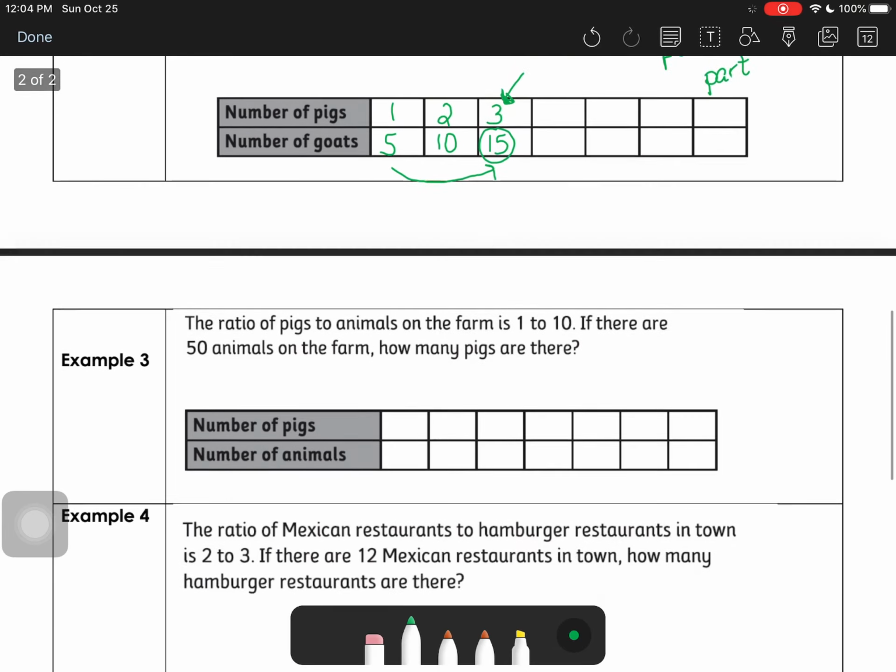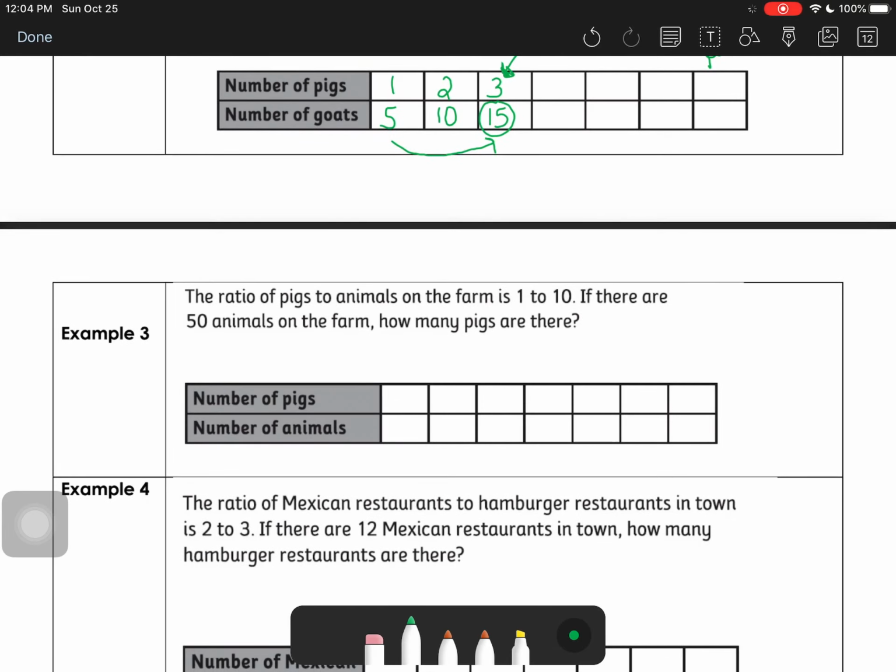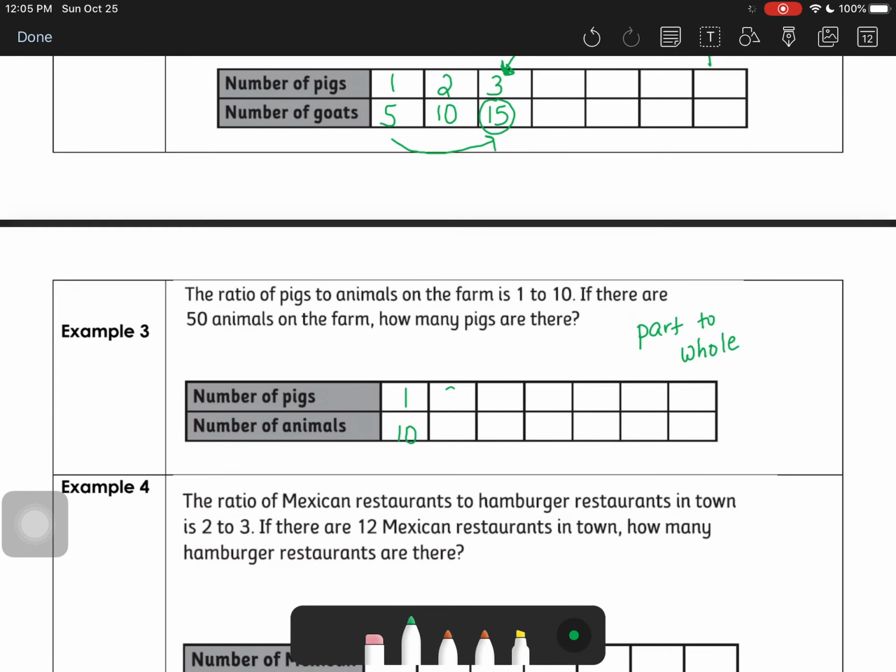Now let's take a look at example number 3. The ratio of pigs to the animals on the farm is 1 to 10. This one's going to be a part to whole, because we're talking about pigs to all of the animals. We could multiply the pigs by 2 and increase the number of animals by times 2, which would be 20.